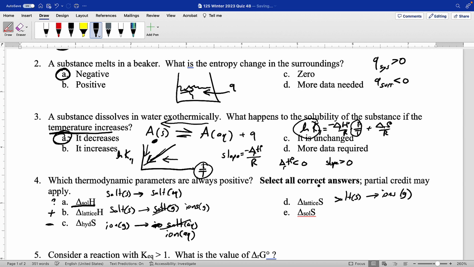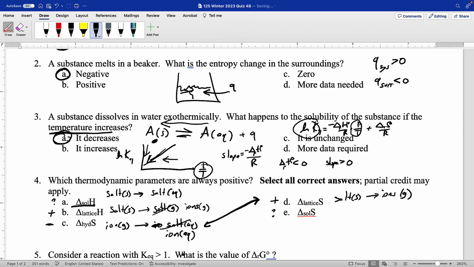We're creating this gas phase, so this is always positive. And delta S of solution is the combination of this step and this step. You gain entropy when you put the ions in the gas phase, but you lose entropy when those ions are hydrated. So when you put those together without having numbers, you can't tell. So this is another question mark.